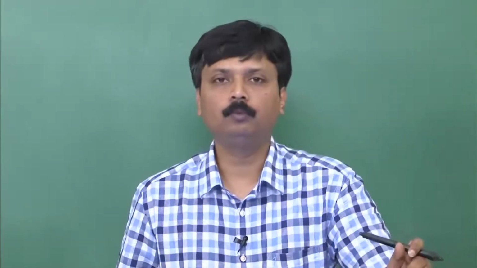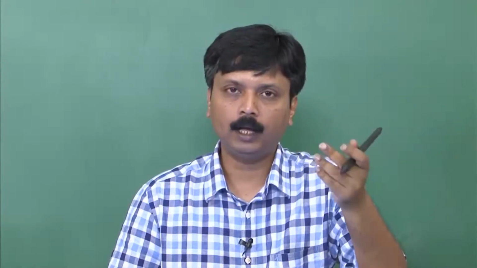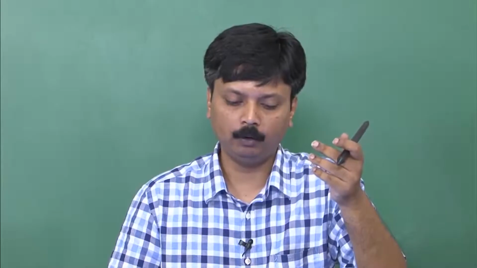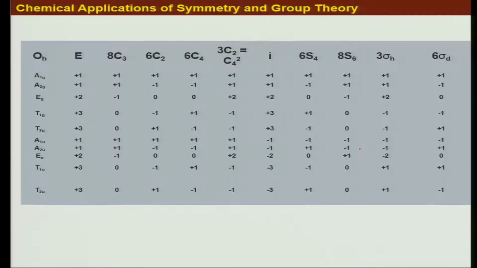While dealing with this problem, you must have the character table for the Oh point group with you. Here the character table for the Oh point group has been given. You notice how many total symmetry operations there are: 9, 6, 15, 21, 24, 25, 31, 39, 42 and 48.